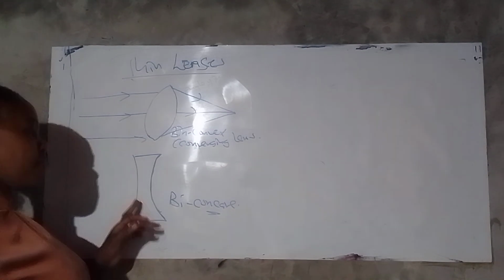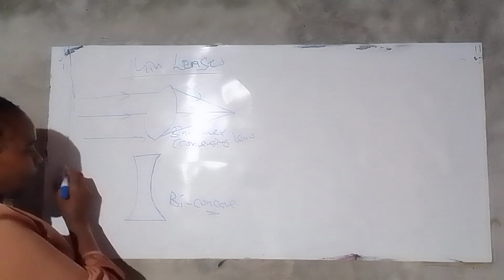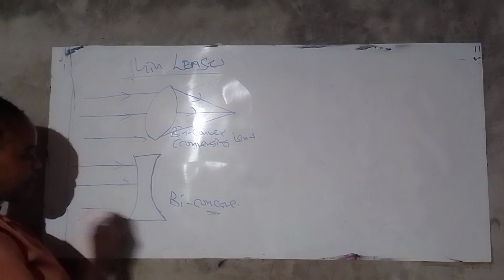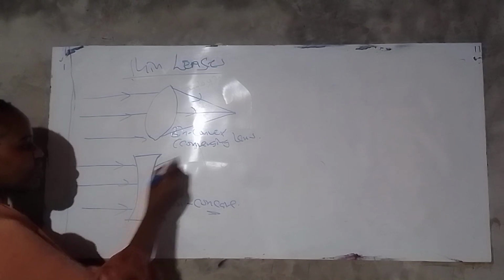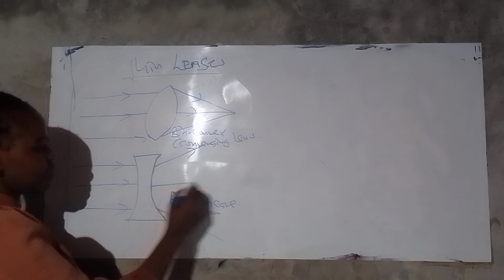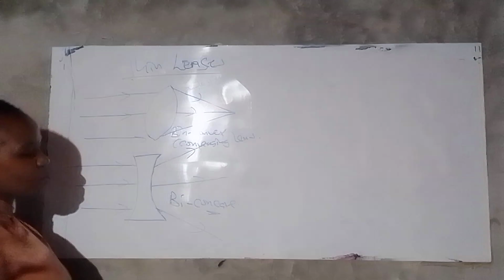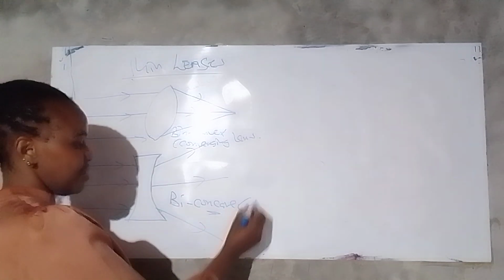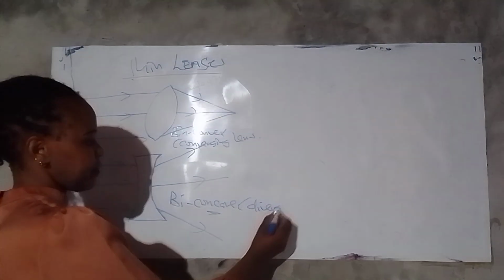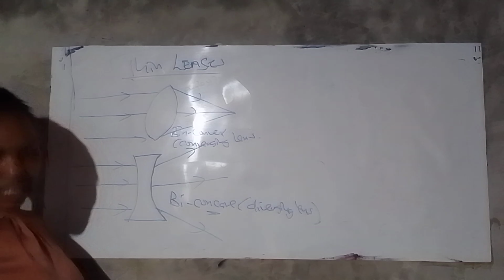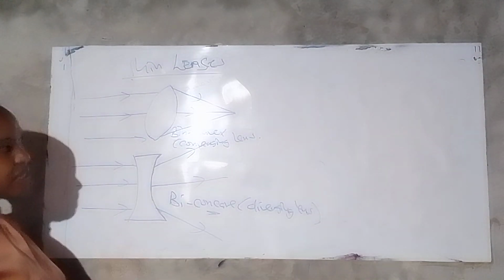Now what about the biconcave? It's the opposite. If you have parallel rays moving towards it, then those rays are made to move separate ways, like that. So a biconcave lens is a diverging lens. That is very important.